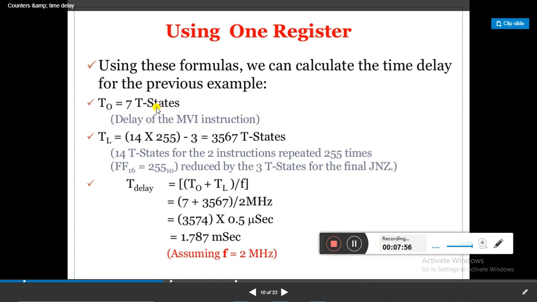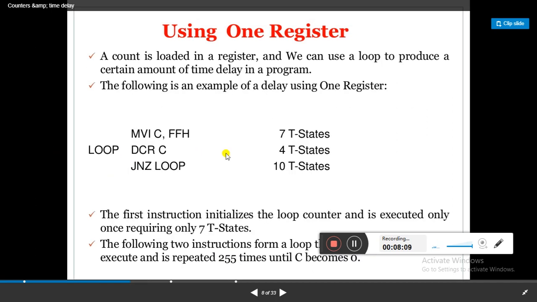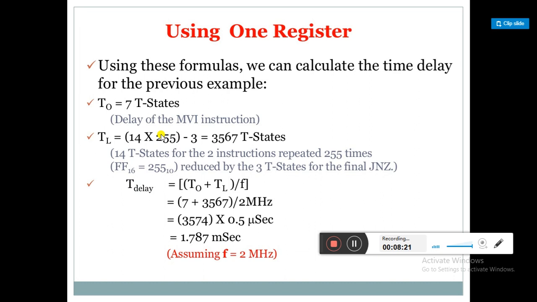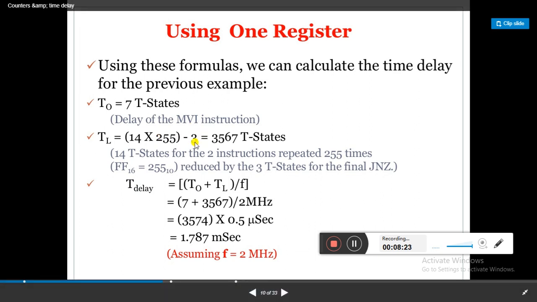T0 is 7 T-states, that is the delay outside the loop, the delay because of the MVI instruction. Then TL is 14 T-states. I will tell you how it is 14 here: this is 10 plus 4, which is 14 states, multiplied by 255. Why 255? Because from FF to 00 it takes 255. Then minus 3. Why minus 3?